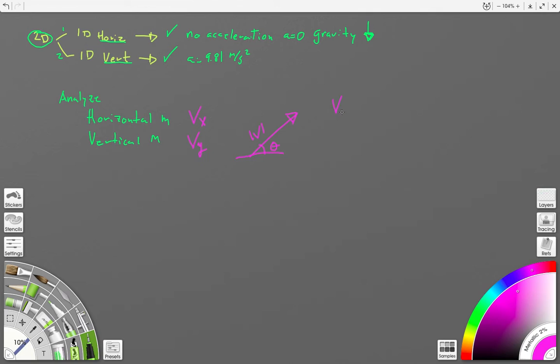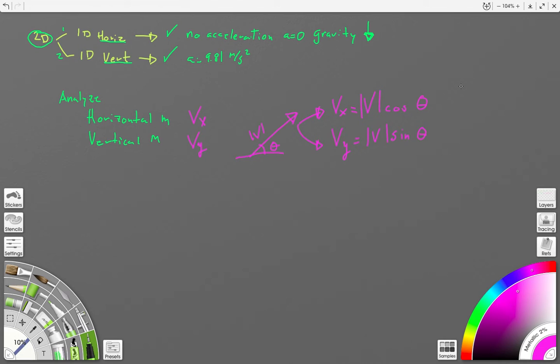So remember, the horizontal component of my velocity will be the magnitude times cosine of our angle, and the vertical component will be the magnitude times sine of our angle. Okay, so that's basically what we have to do. Given a velocity vector, we need to break it down into its horizontal and vertical components, and then just simply use our equations, the ones that we already know and love.